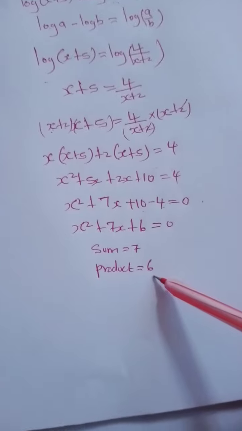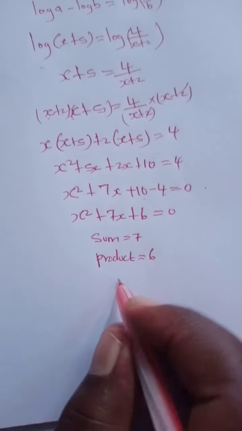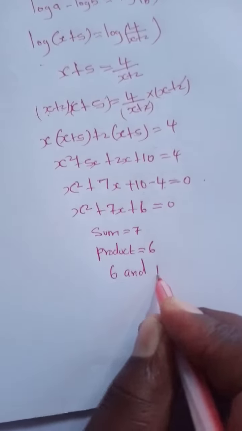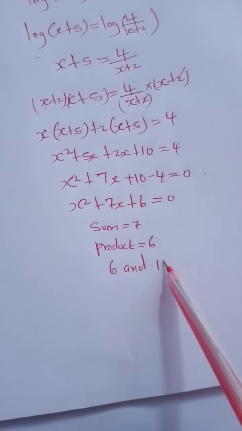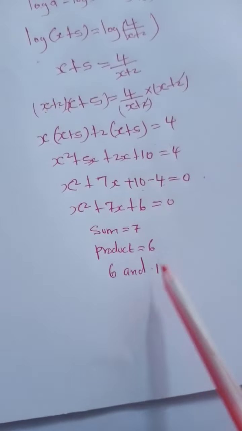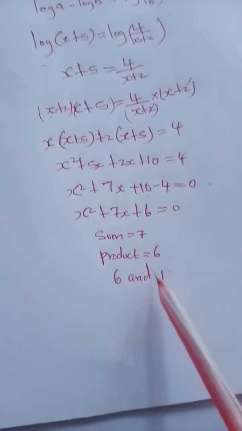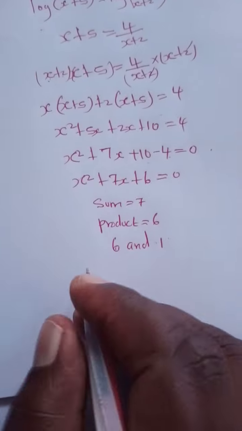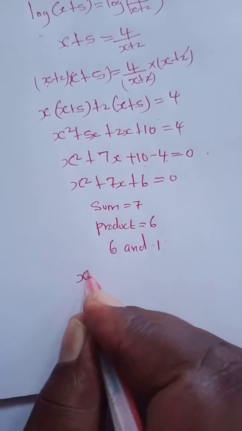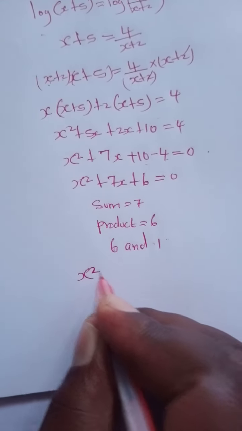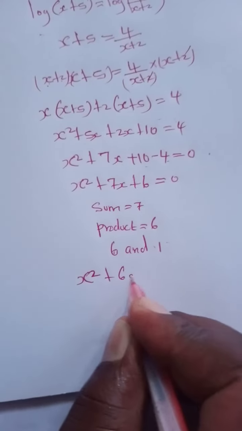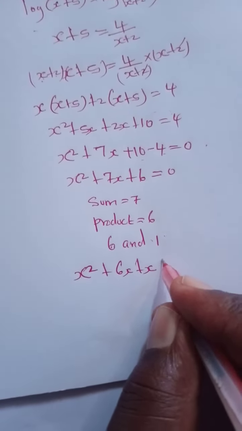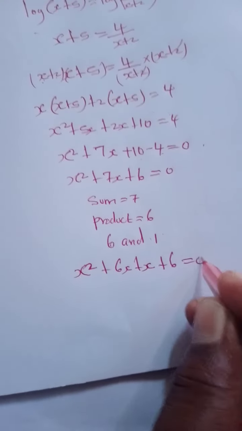If you multiply them you get 6, and if you add the two numbers it gives you 7. That means those are the right numbers. Substituting back into our equation, it will be x squared + 6x + x + 6 equals 0.